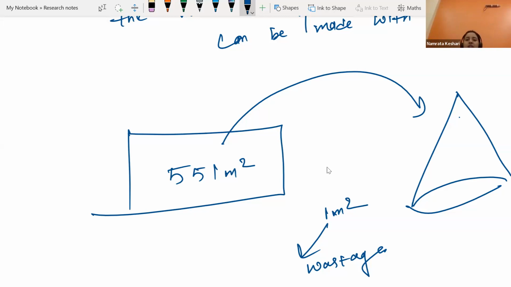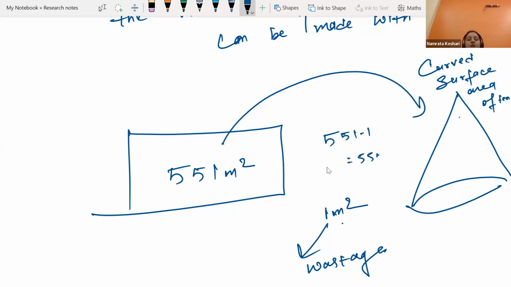Total surface area की तो हम बात नहीं करते. जब भी हम tent के बारे में सोचते हैं तो यही सोचते हैं कि नीचे तो ground है और एक conical tent है जिसका हमें curved surface area या lateral surface area के बारे में ही सोचना होता है. बट exactly 551 हम use नहीं कर पा रहे, 1 meter square wastage में चला जा रहा है, तो exactly use क्या कर रहे हैं, तो 551 minus 1 that means 550 meter square, this one we are using.